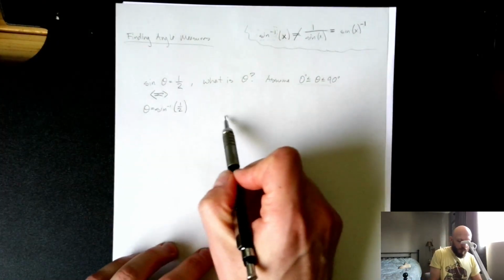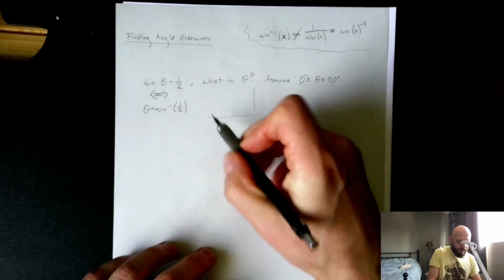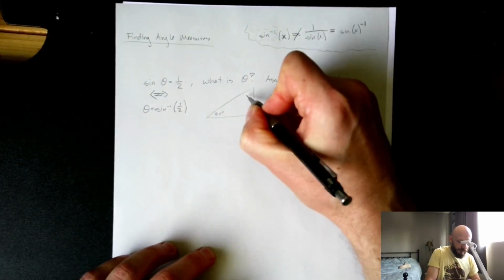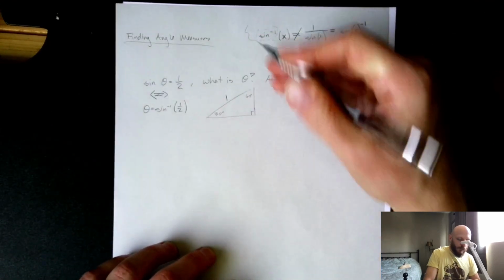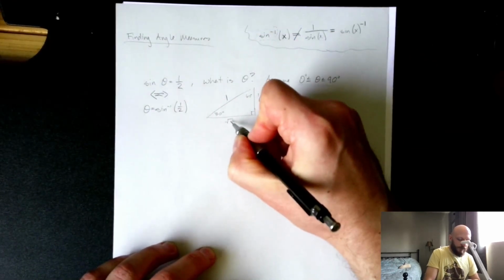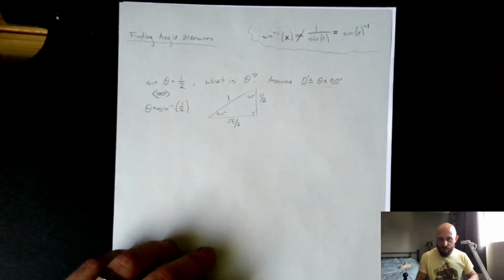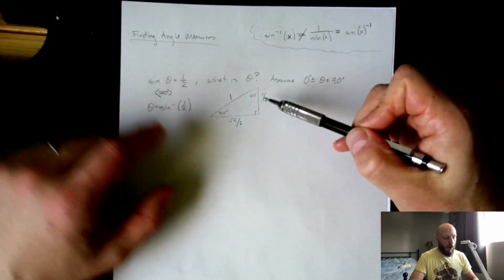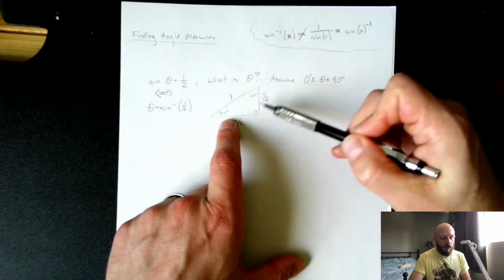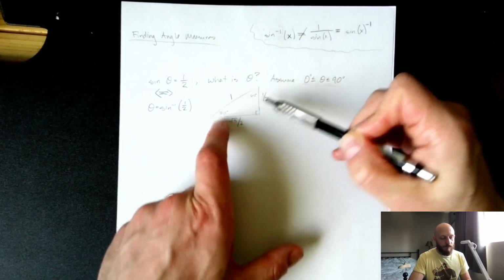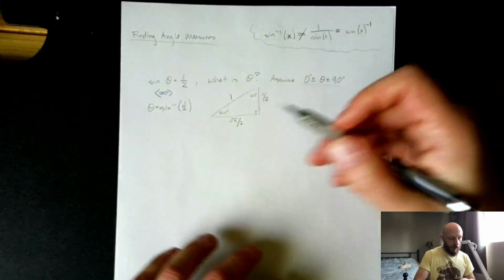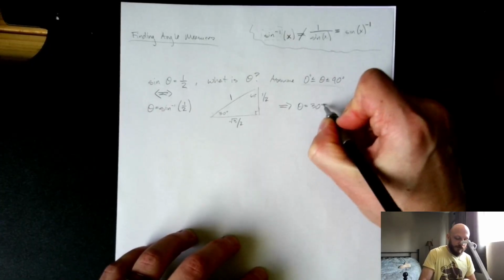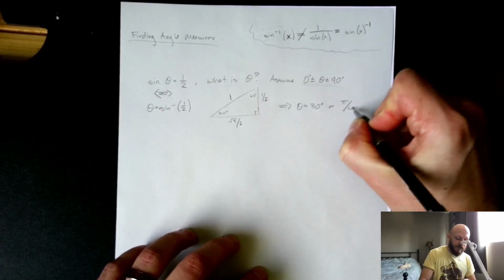You could also recall from our 30, 60, 90 triangle that if this is 30 degrees and it's a 90-degree triangle, the hypotenuse is 1, this opposite side is 1/2, the adjacent side is √3/2, and sine is opposite over hypotenuse. So with the 30-degree triangle, opposite over hypotenuse, 1/2 divided by 1 is 1/2. So it must be the case then that theta equals 30 degrees, or pi over 6.